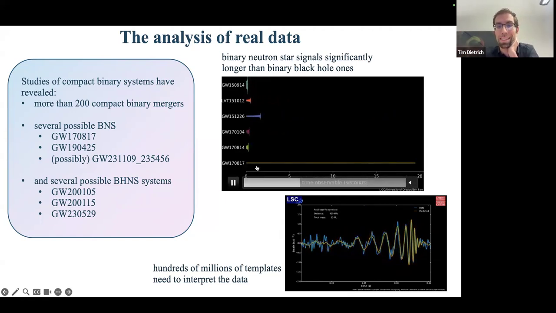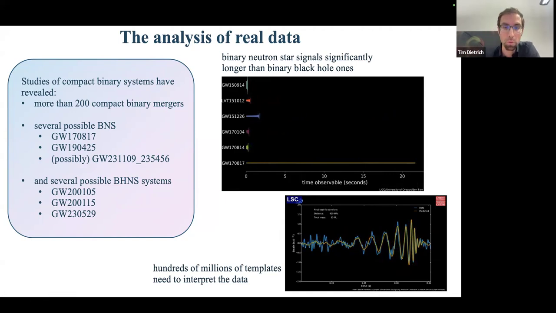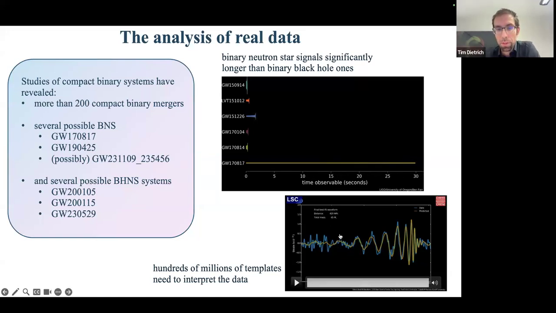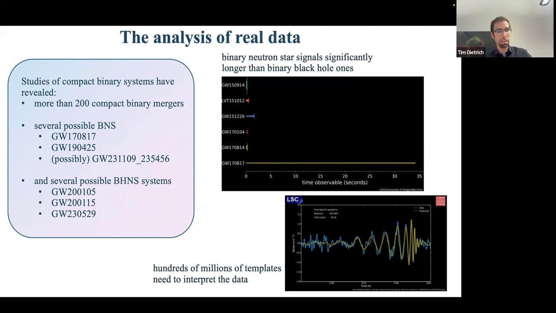So we have to model this system for thousands of orbits to have an accurate description throughout the entire inspiral that we can measure.